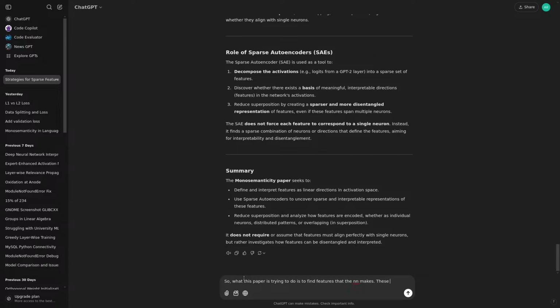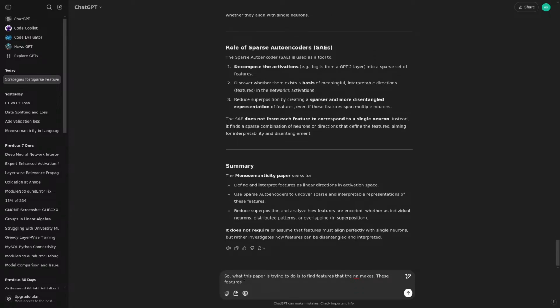These features will be the linear combination of neurons in the neural network.